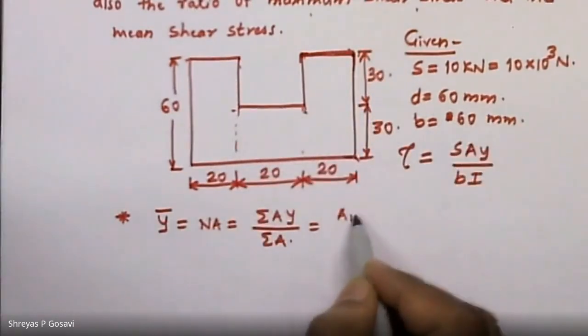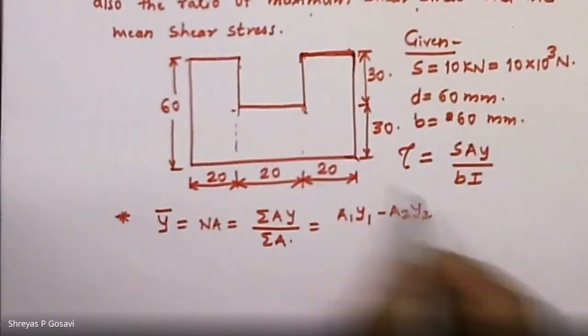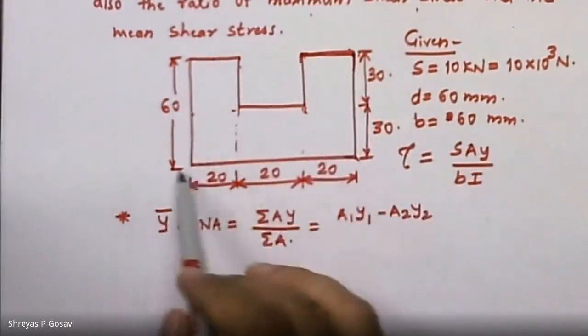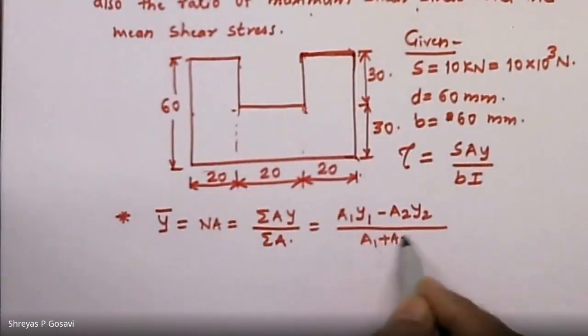So I'll write it down as A1Y1 minus A2Y2, where A1Y1 is the outer rectangle with dimension 60 by 60, divided by A1 minus A2.